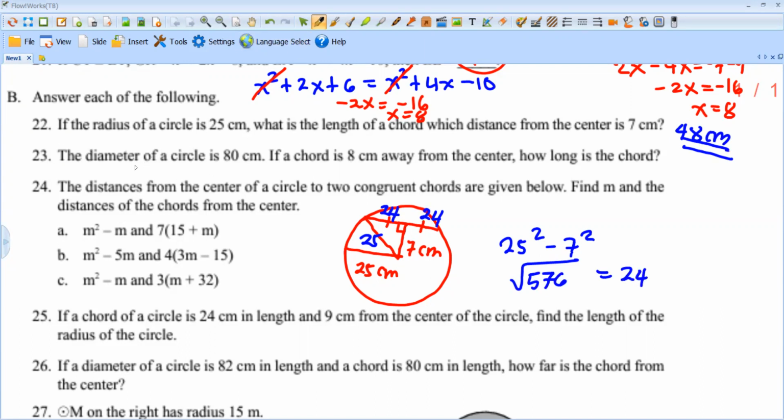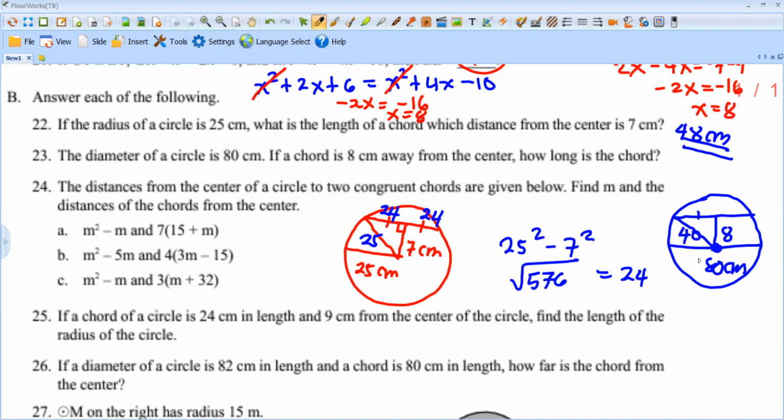Now, the diameter of a circle is 80 centimeters. If the chord is 8 centimeters away from the center, how long is the chord? The same process. You will have a circle, and this is the diameter, which is 80 centimeters. Then we have a chord that is 8 centimeters away. So we are looking for this chord again. This is 8, and this is 40.